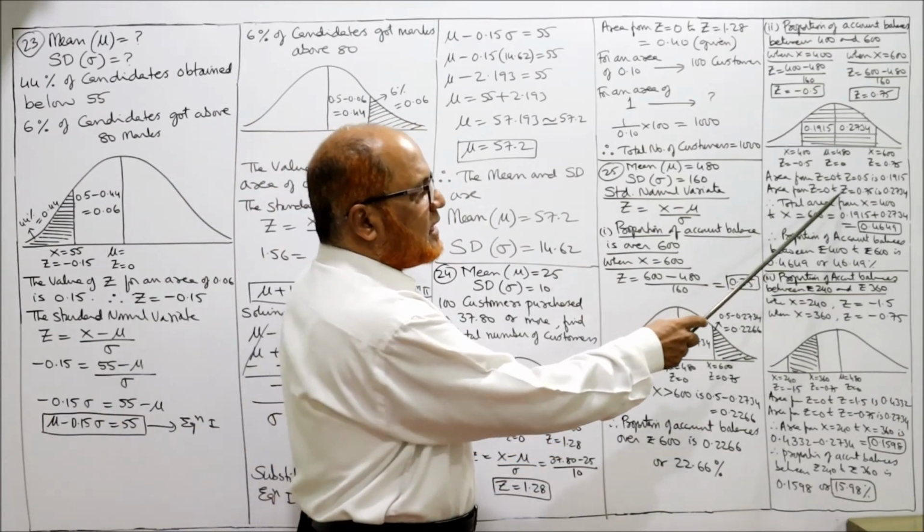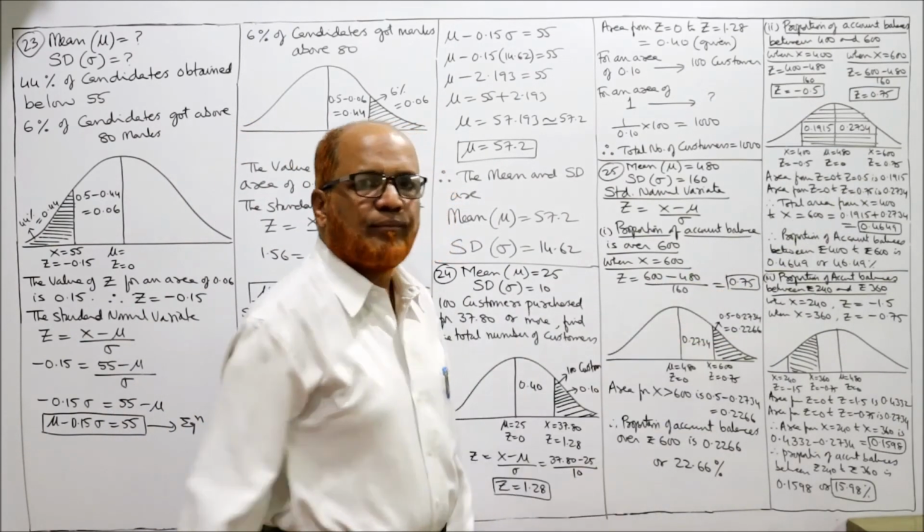Similarly, the area from z is equal to 0 to z is equal to 0.75.